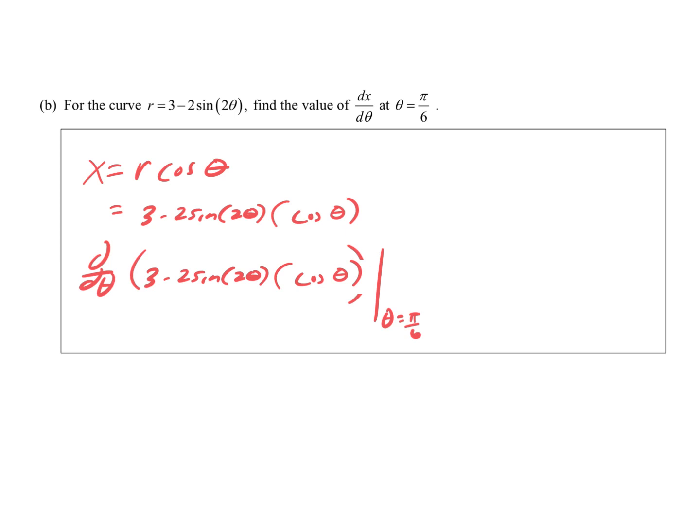So the question is, can you do this? It's not conventional to do that because is x pi over 6? Is theta pi over 6? Which is it? See what I mean? This is the way to do it.